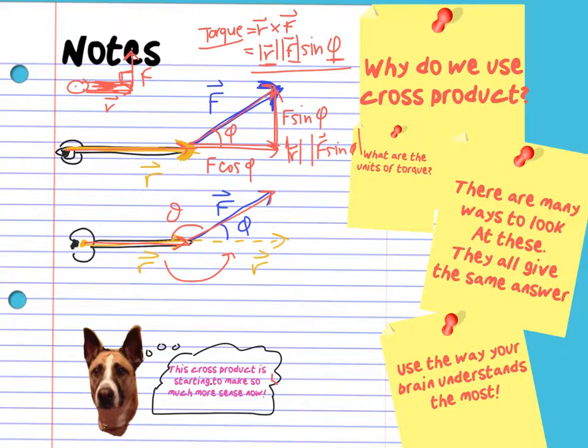And so I would multiply the magnitude of my position vector times the magnitude of my force, and then simply look at the angle between them, and in this case it's phi, and plug that in there to get the size of my torque.